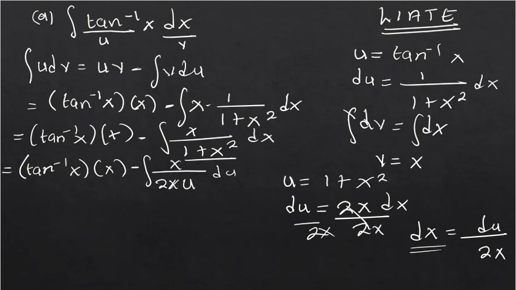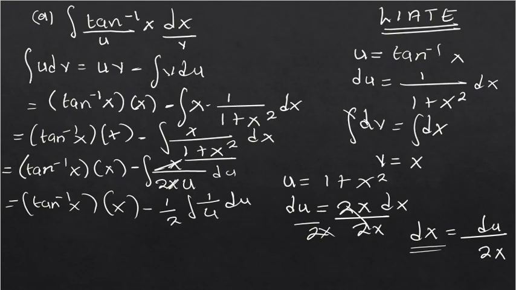So now this x and that x can cancel, and we're going to have my tan inverse of x minus, this is going to be 1. Remember, this x and that will cancel, so this will be 1 over 2, the integral of 1 over u du.